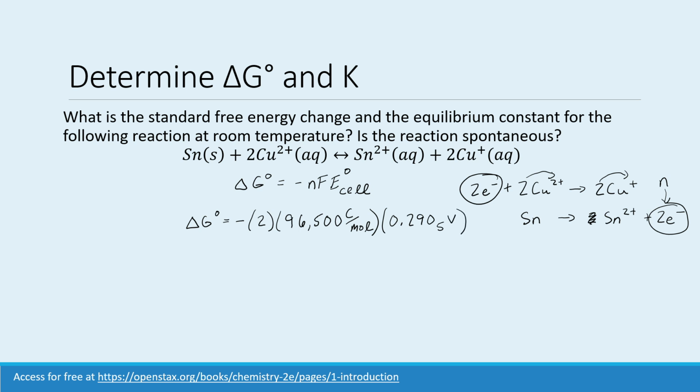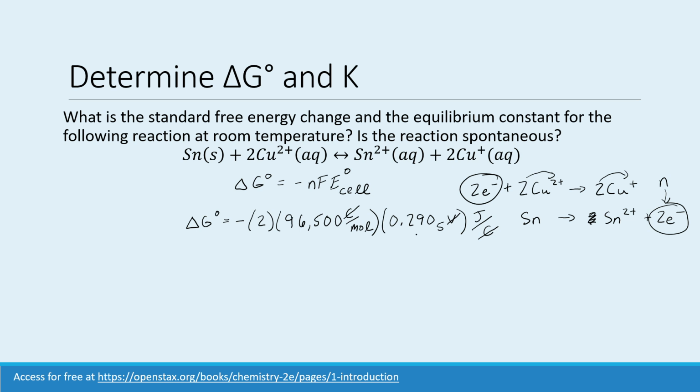Now it's kind of hard to cancel out the volts and the coulombs unless you know that a volt is technically joules per coulomb. So if you go back in past discussions on this topic, you'll find that the definition of a volt is a joule per coulomb, and then that way your coulombs, those can cancel out. So you should get back joules per mole for your delta G, which you're used to seeing.